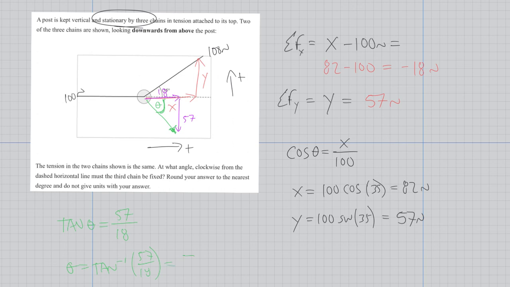When I plug that in, I get an angle of 72 degrees. So that's the angle at which I'm going to have to apply a force here. It is not going to be 100 newtons, but it is going to have components of 18 and 57.